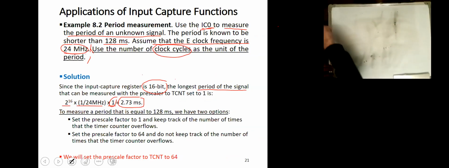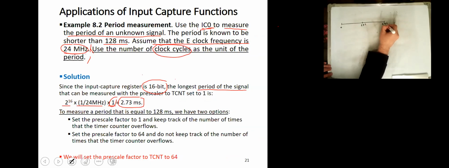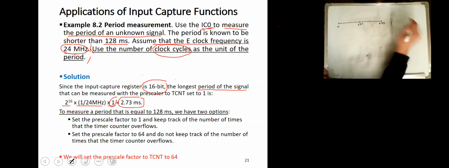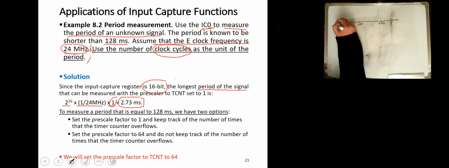So our timer basically overflows every 2.73 milliseconds. Let's assume that our periodic signal has a period greater than 2.73.